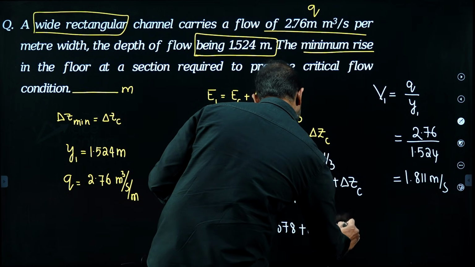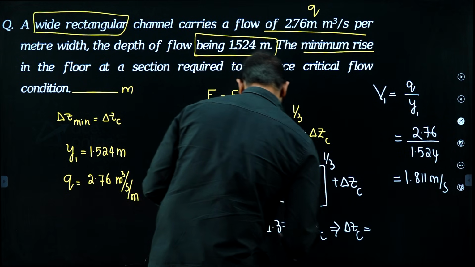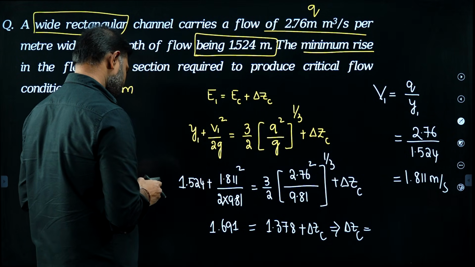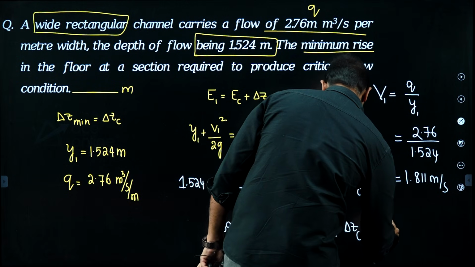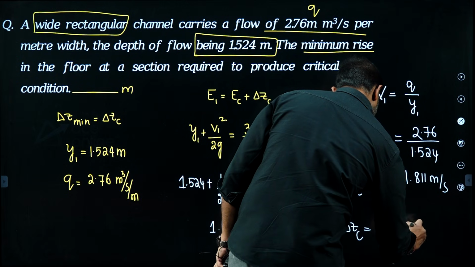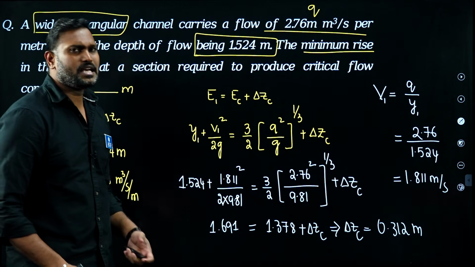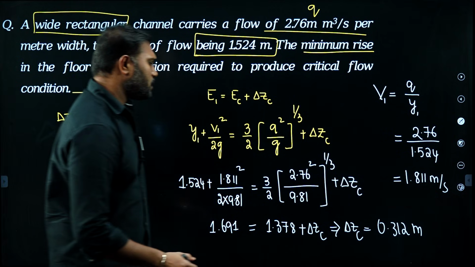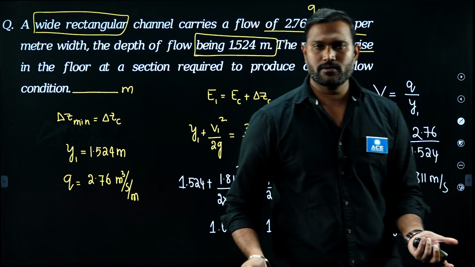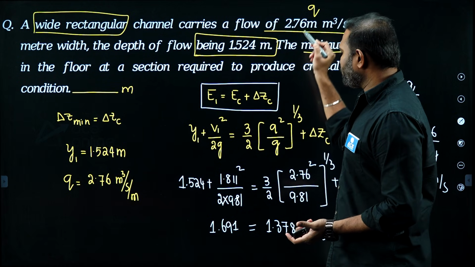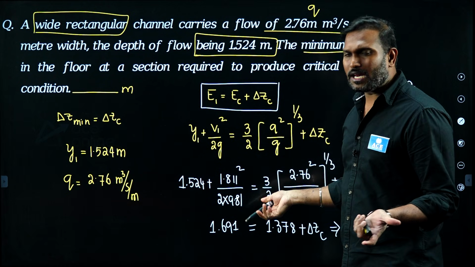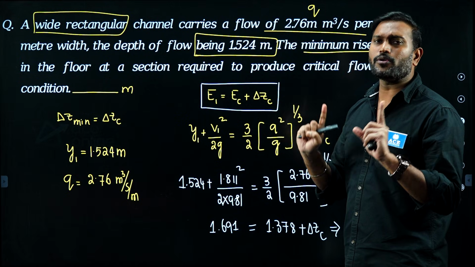So now you can find out delta ZC. If you solve, the delta ZC is going to be 0.312 meters. If it is asked rounded to one decimal, then you can consider it as 0.31 meters also. So again, the concept is very simple. Substitutions, you have a calculator, you can solve it. Concept you need to understand.